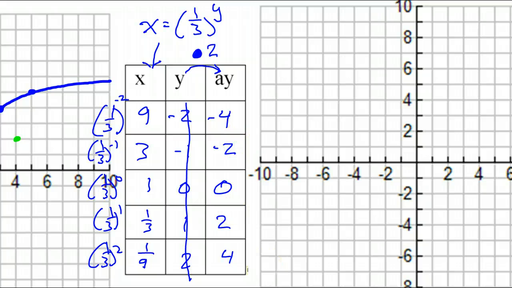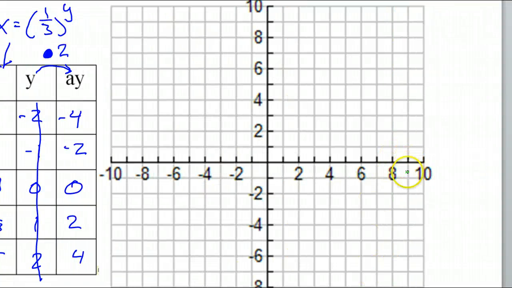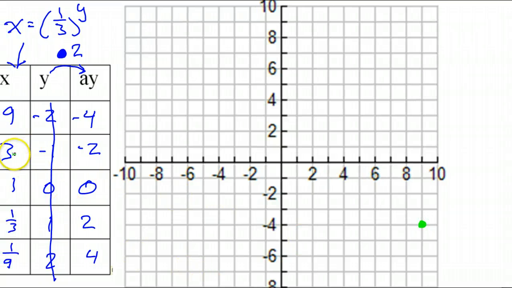Okay, so 9 comma negative 4. So there's 9 comma negative 4. And then we've got 3, negative 2. Be right there. 1 comma 0. 1/3 comma 2. Alright, so that'll be about there. And then 1/9 comma 4.